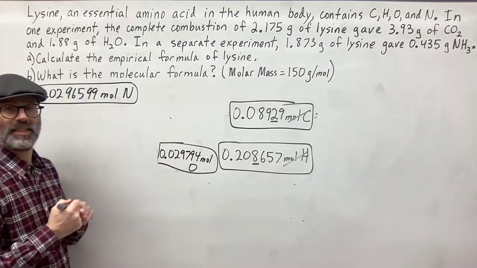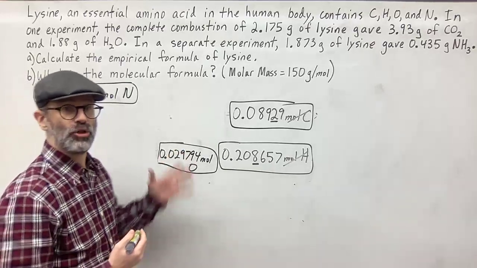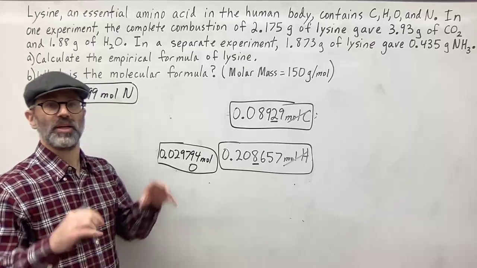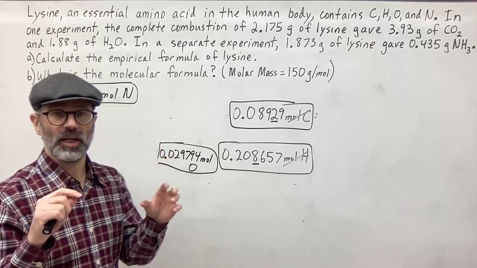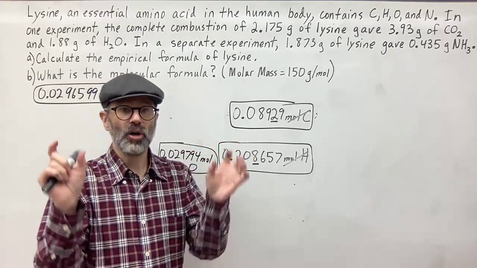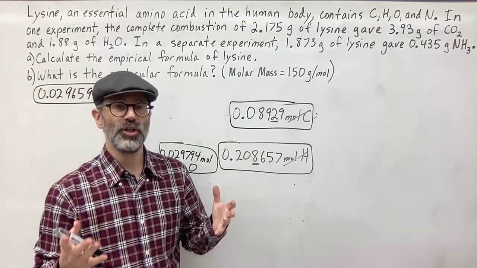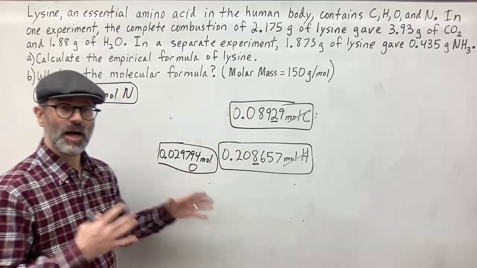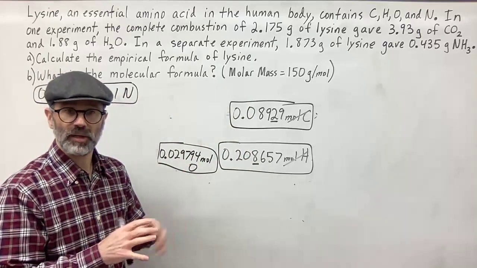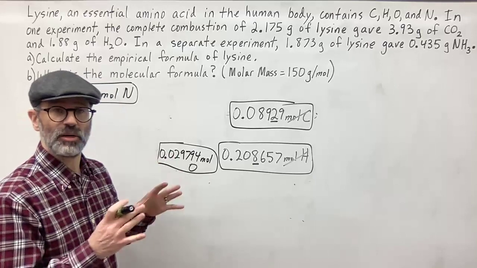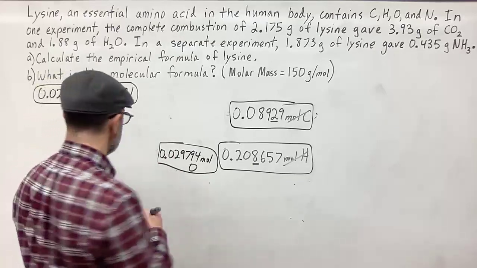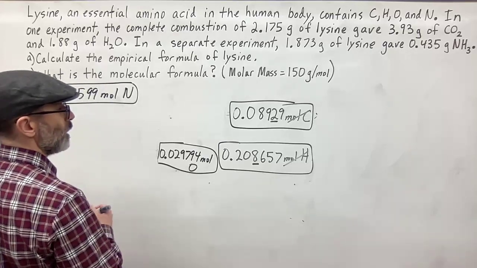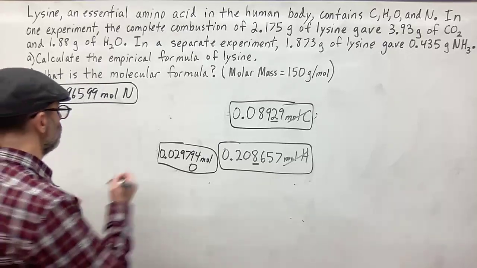Now what I can do is write a pseudo formula using the moles. So this is where the subscripts come in. When you have an empirical formula, the subscripts are the moles. So we're first going to write these down as subscripts in our formula. That's just going to be our starting pseudo formula, and then we're going to simplify it. So we'll start with carbon.